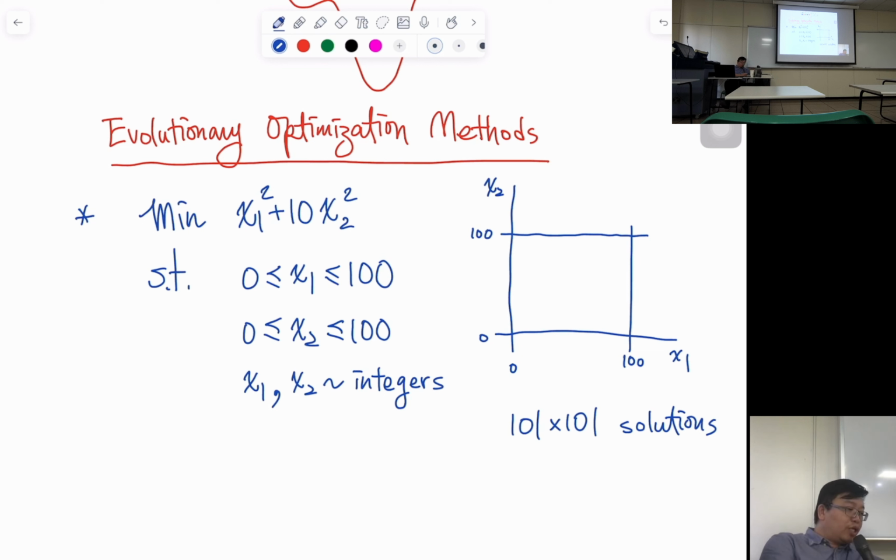So what you can do is you can try all of it. But if you have even greater scale, even greater size of the design space, then sometimes it's very difficult for you to try everything.